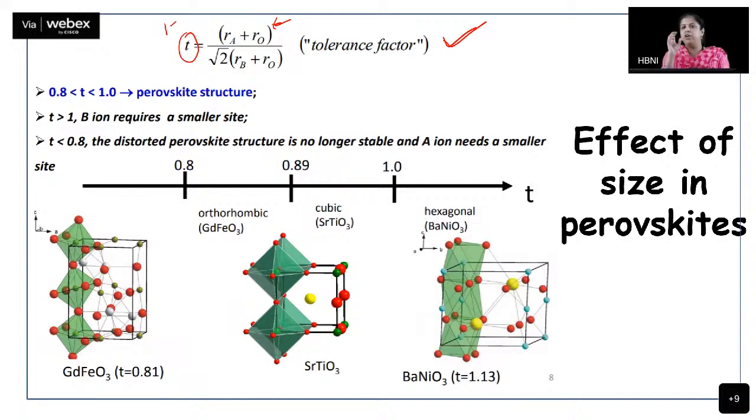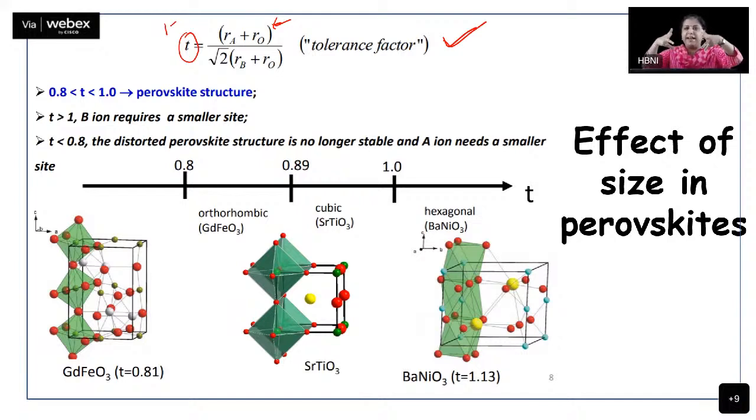Now, suppose your RA is smaller. The A cation is not exactly what I want from this equation. What will happen? Do you remember I told you the corners of the cubes are occupied by the centers of the octahedra? There are 8 BO6 octahedra that are joined. Now, if your A is smaller, and you also remember I told you that any condition wherein your cation is rattling in the site is not stable, so what will happen?